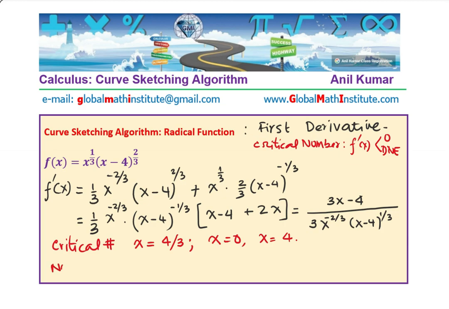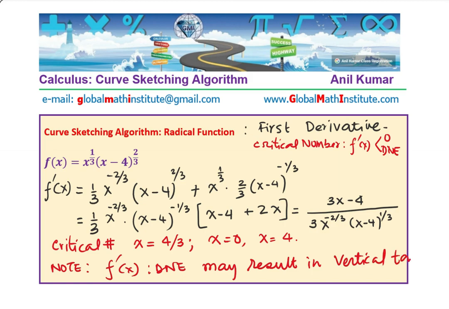Note: f'(x) does not exist may result in a vertical tangent. That is very important to understand, right? Perfect. Okay. So let's take it to the next page to analyze the first derivative.